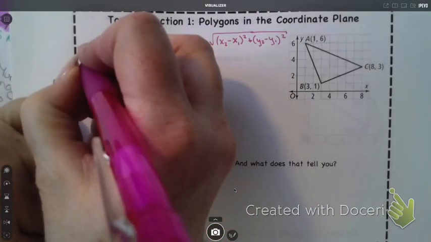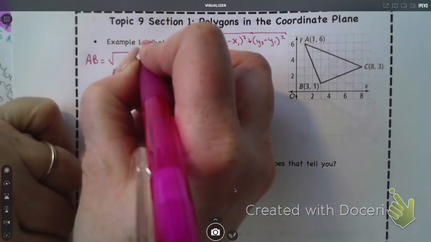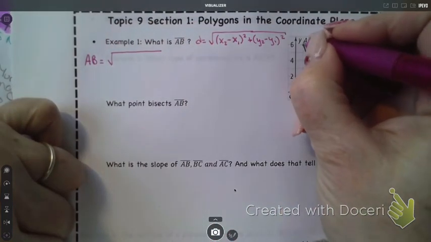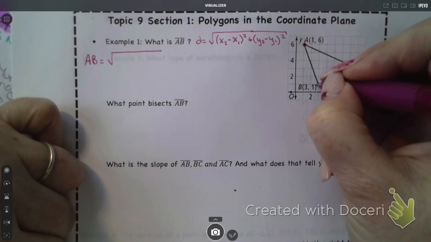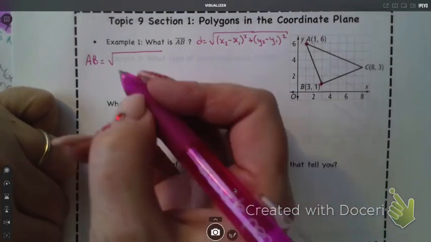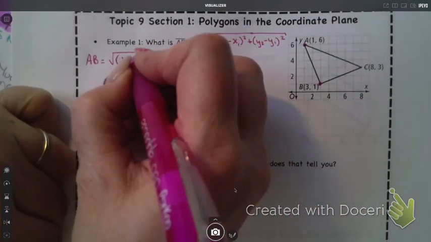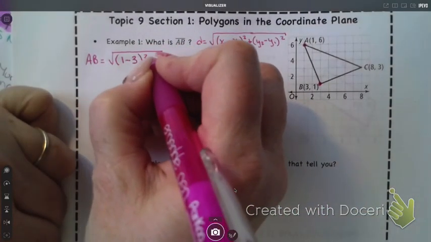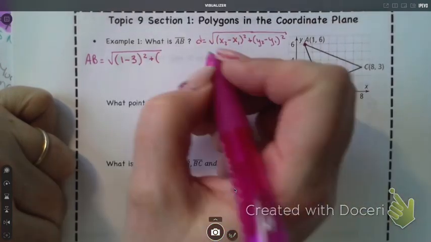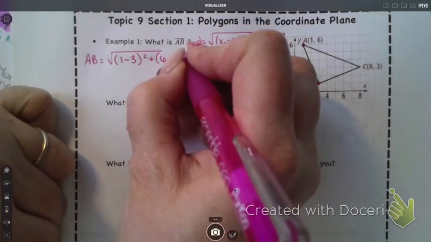So AB equals the square root. Now, we're going from A to B. Does it matter which one's 1 and which one's 2? No. I'm just going to go top to bottom. So it's 1 minus 3 squared plus 6 minus 1 squared.